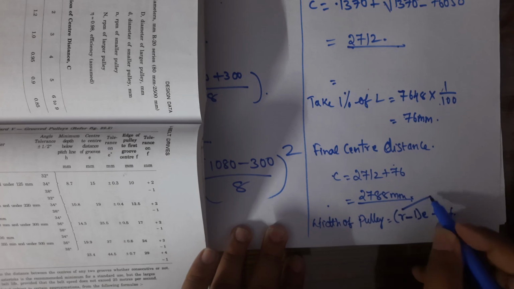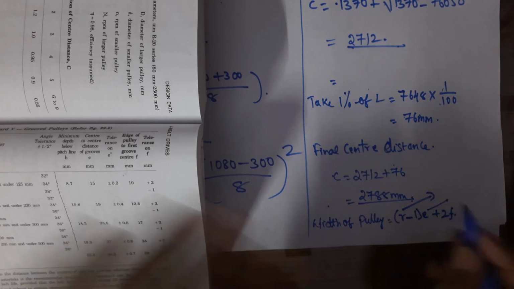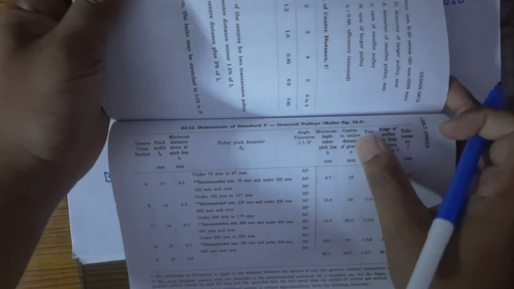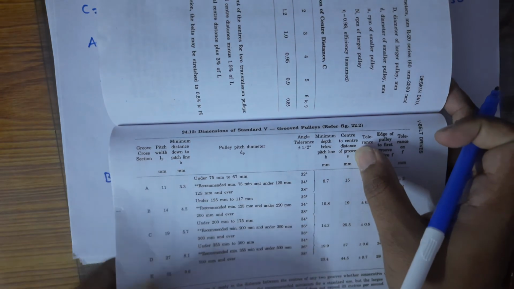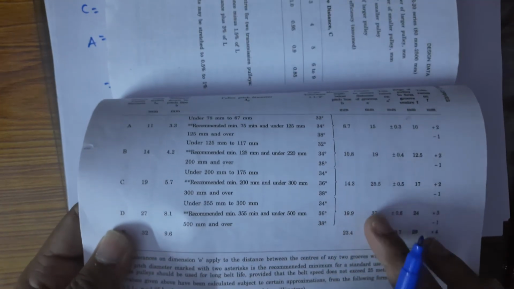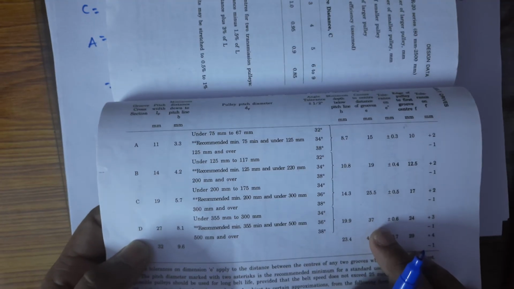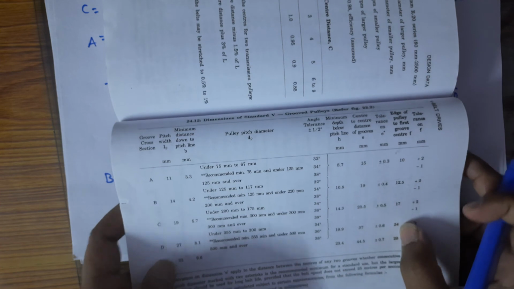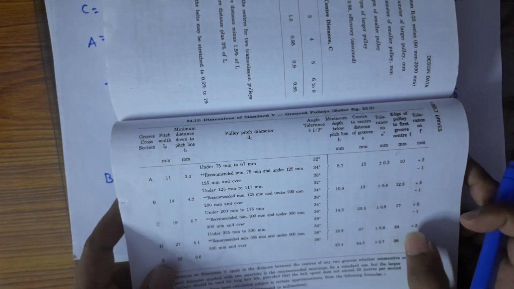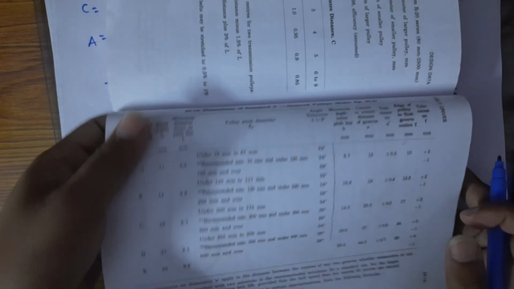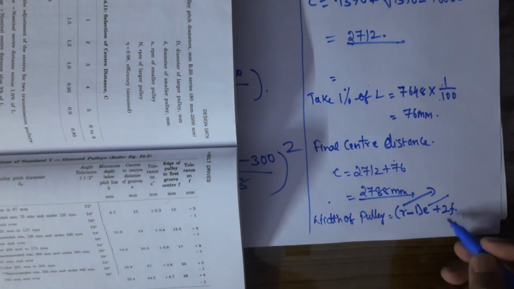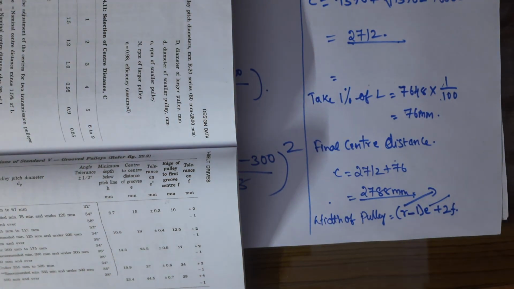Here n is the number of belts, e is the center to center distance of grooves. Okay, so that we have selected based on the type of belt that we have selected. And f is the edge of pulley to first groove center. So substitute those values and you can find out the width of the pulley. Okay, that's the end of your problem.